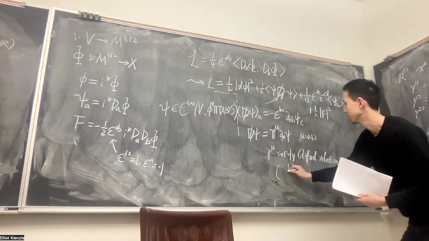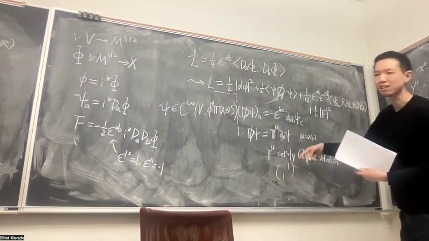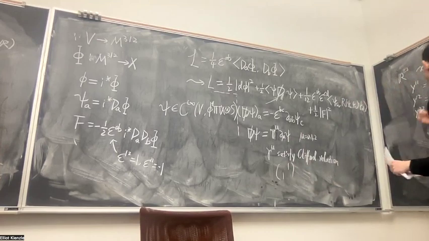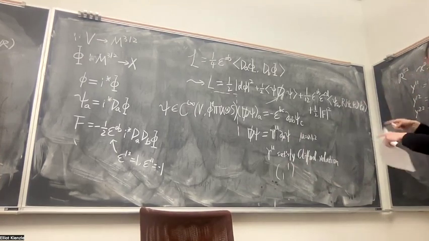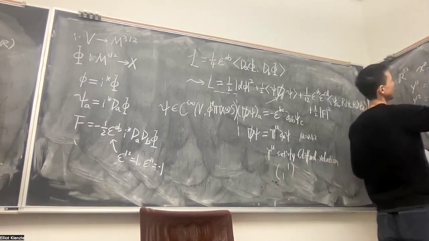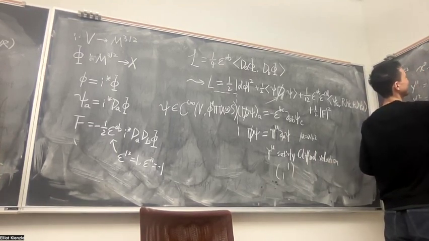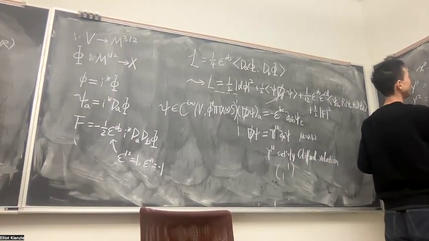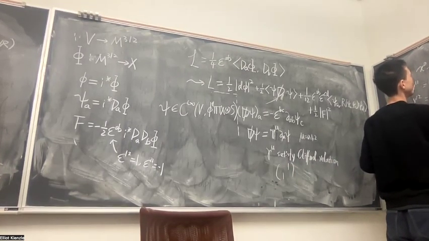But in this coordinate, they look kind of different. For example, this one maybe looks like 0, 1, 0, 0, and 0, 1, 0.